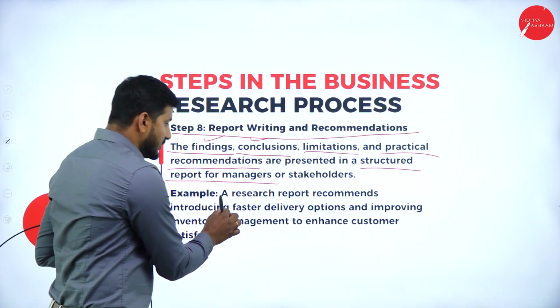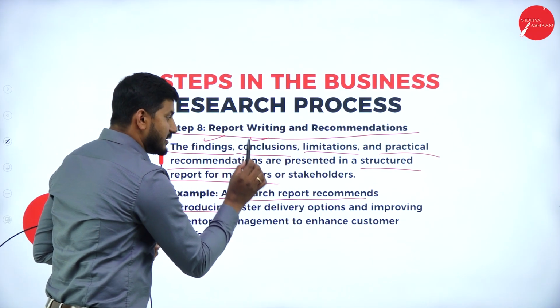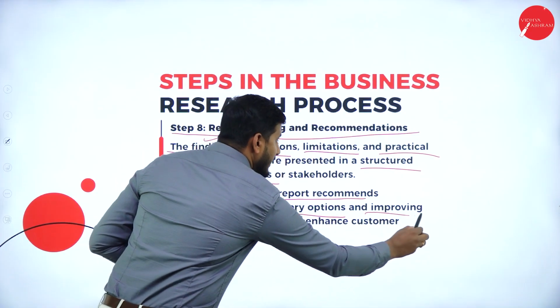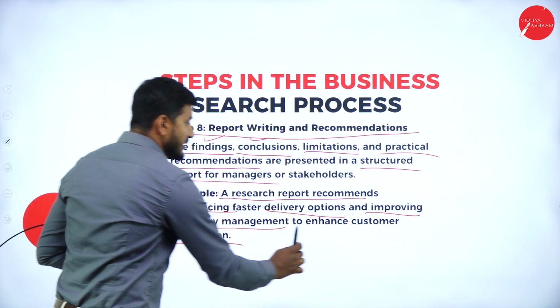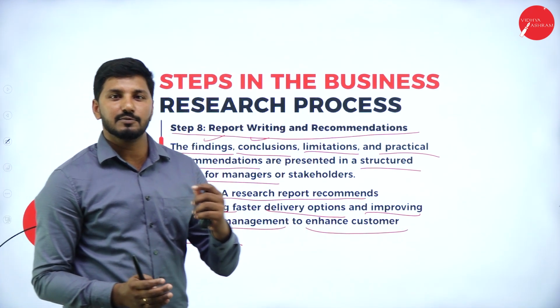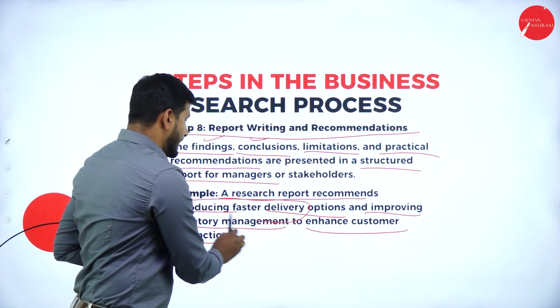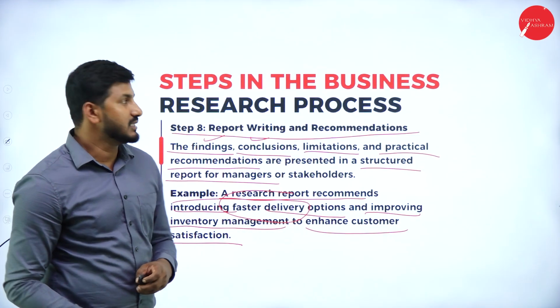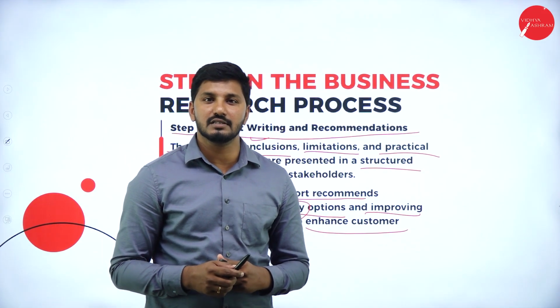For example, a research report recommends introducing faster delivery options and improving inventory management to enhance customer satisfaction. This is the final finding that we can easily write, as per the example, related to faster delivery options. So these are all the major steps, 1 to 8, included in the business research process.